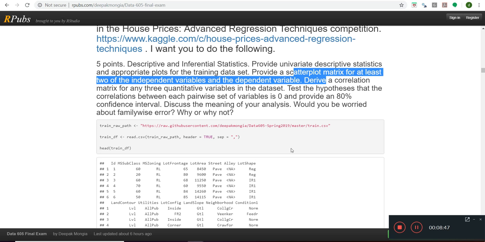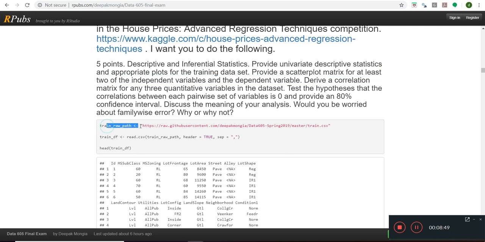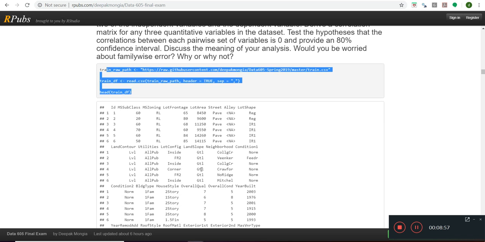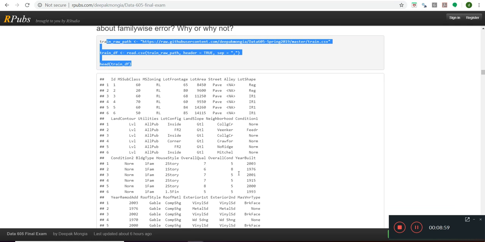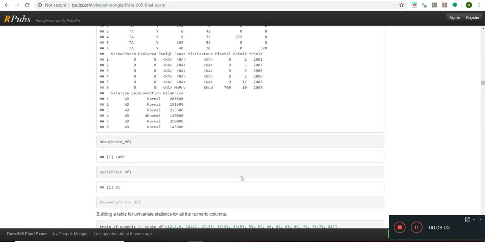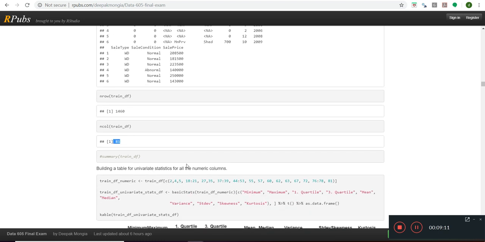Moving forward, first I'm importing my data frame, my train data frame from Kaggle.com, and then I've just shown the header here so that it will show all the variables. We see that the number of rows is 1460 in the train data set, and the number of columns is 81, including the response variable.